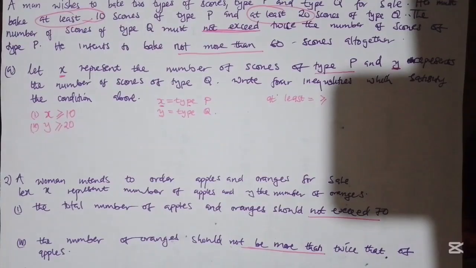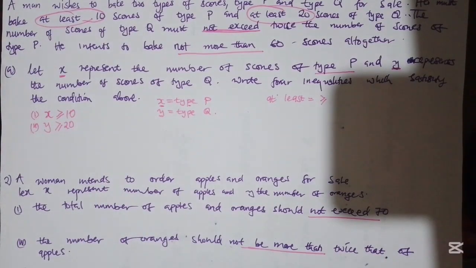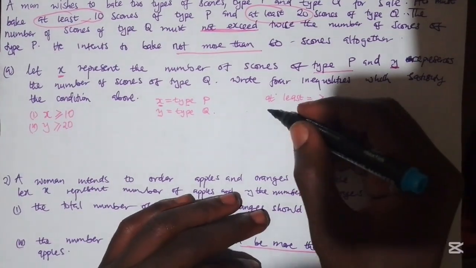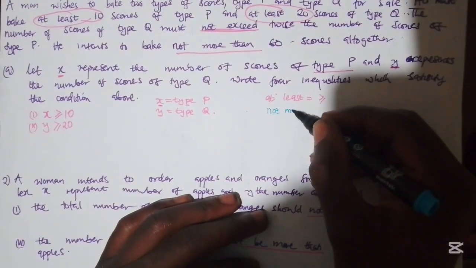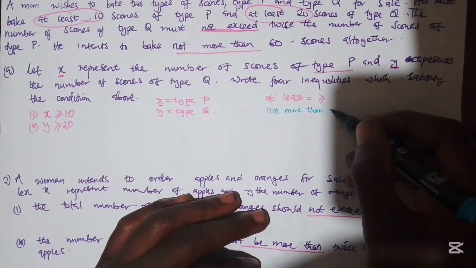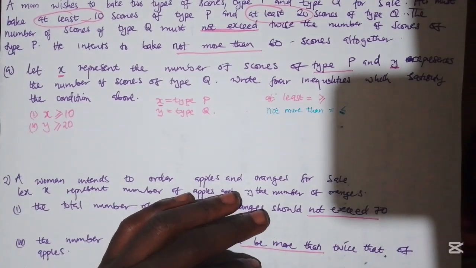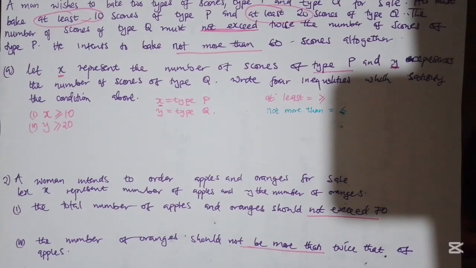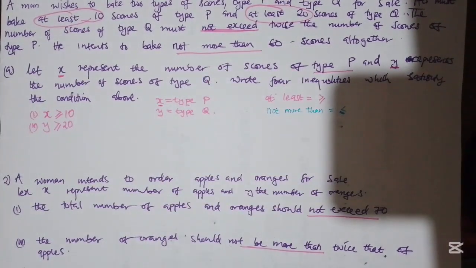How do we treat it? Going back to our words, we said not more than. What symbol are we using? Not more than is less than or equal to. So our symbol will be less than or equal to.